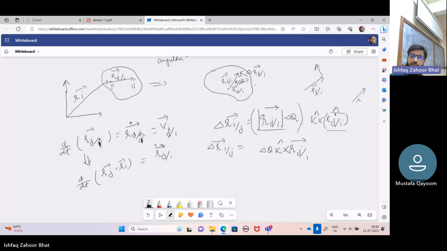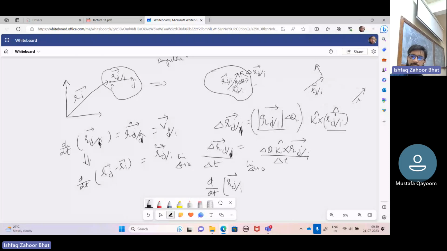Now divide both sides by delta t, because this takes some time, and take delta t tending to 0. Omega tending to. So this will be d by dt of r_ji. This is r_ji, I don't know why I am writing r_i.